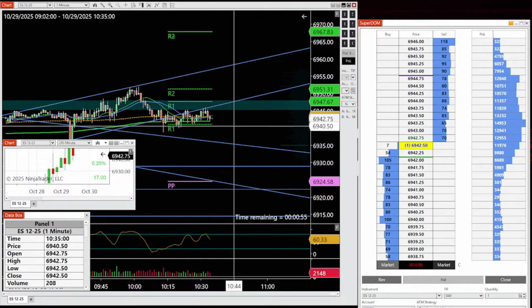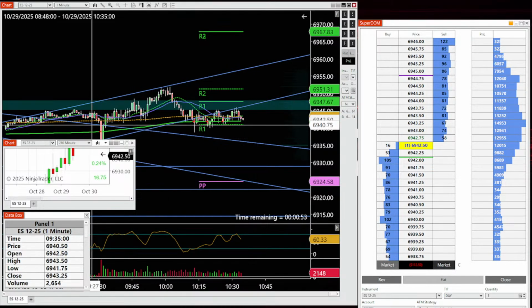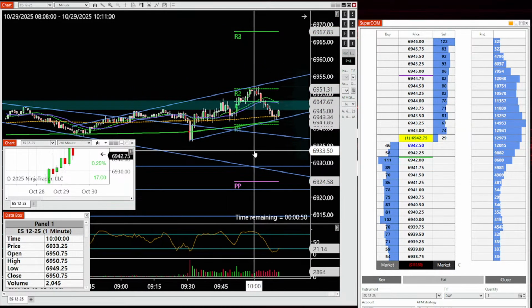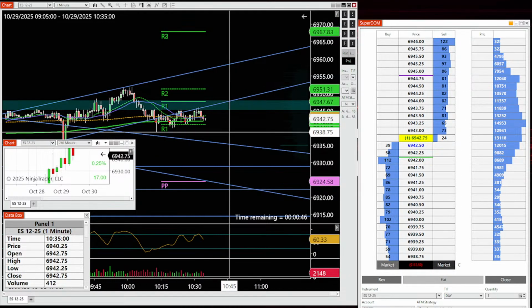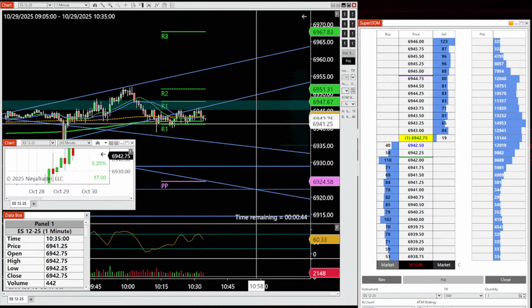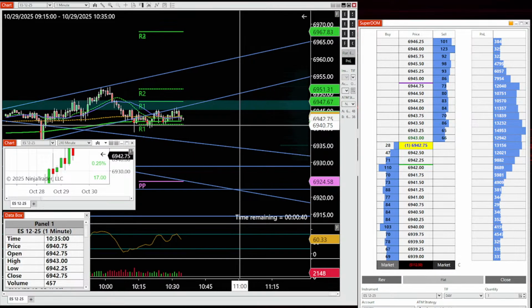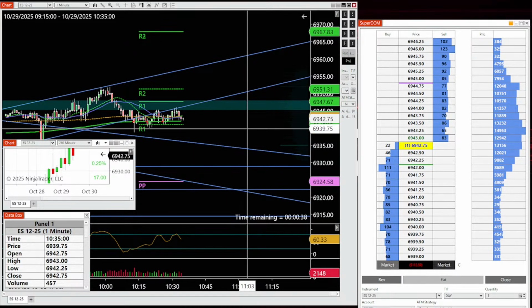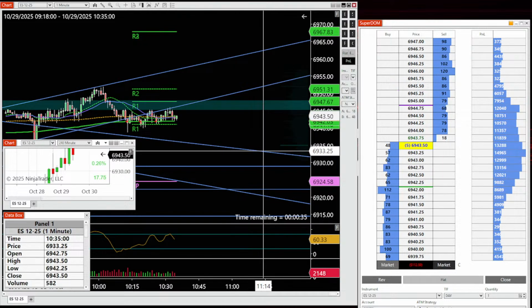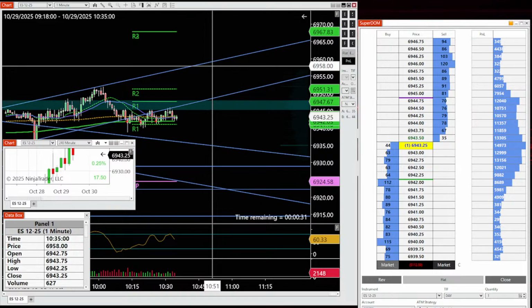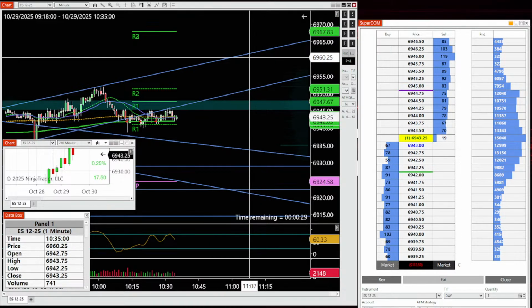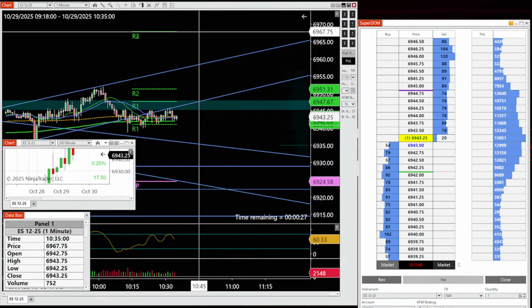If we're following these trend lines as support and resistance, if they're gonna hold or not, we still need time to come across. We need to get to R3.